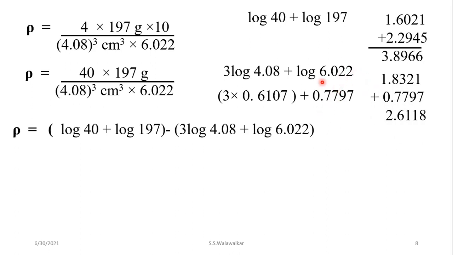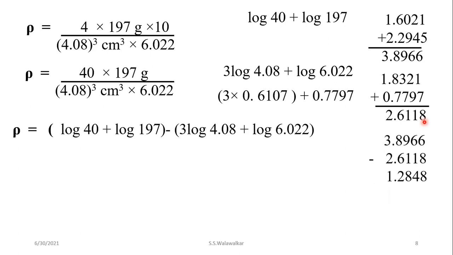If you add these two, this quantity becomes equal to 2.6118.